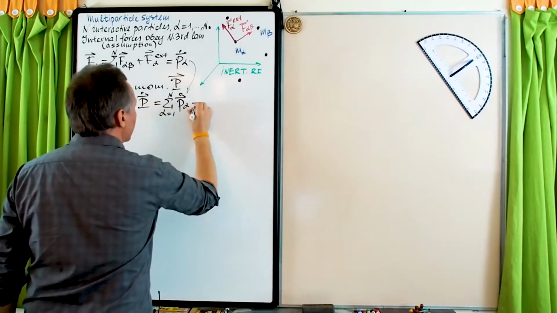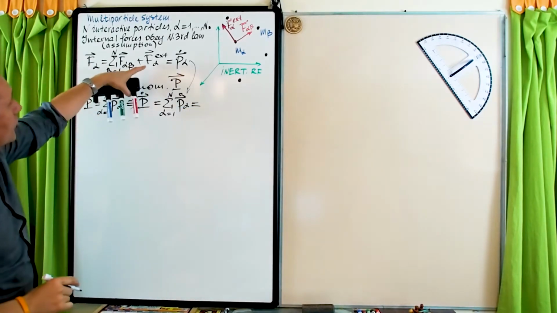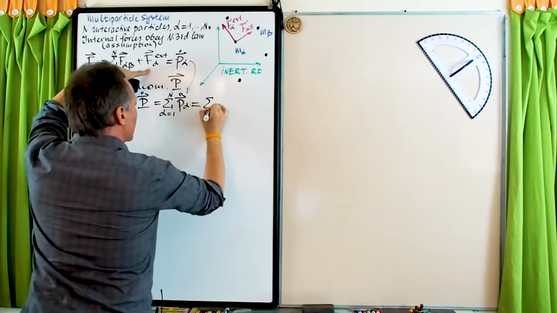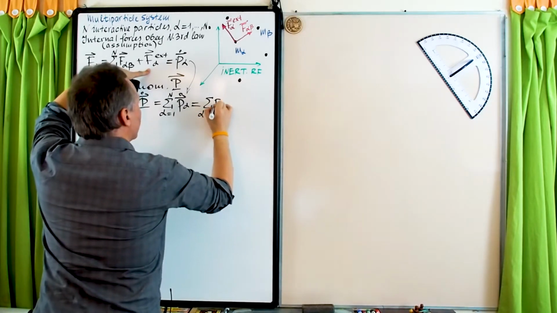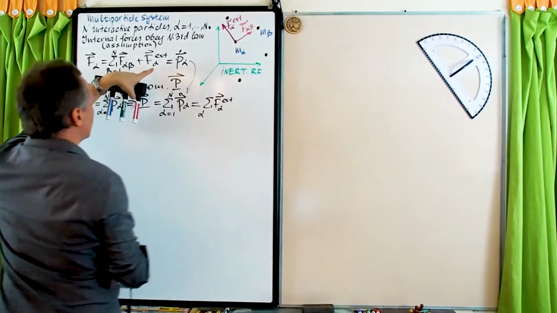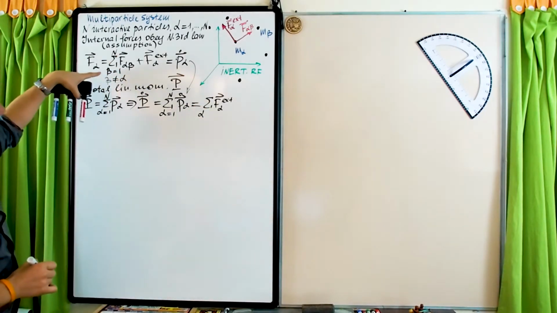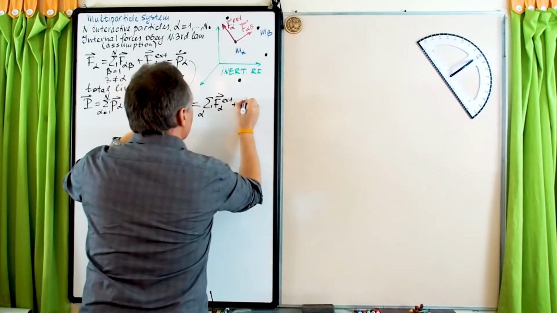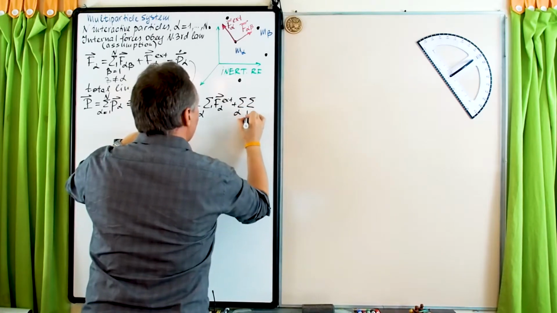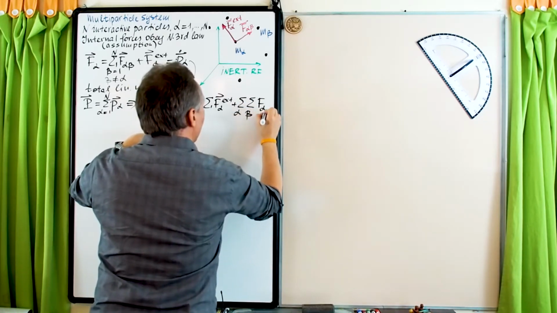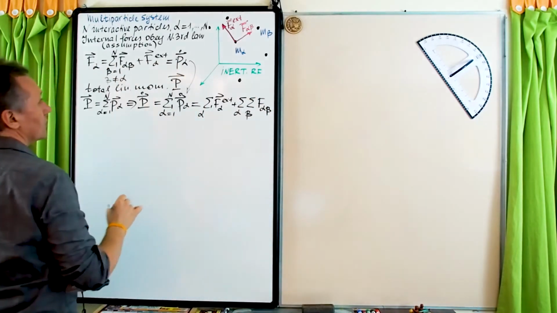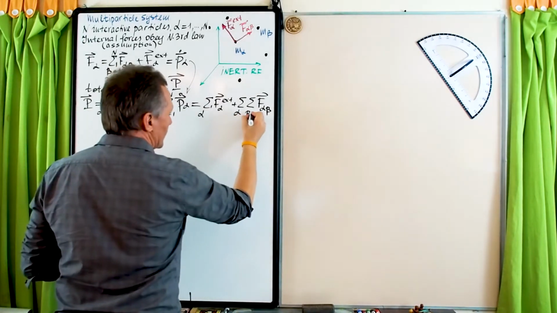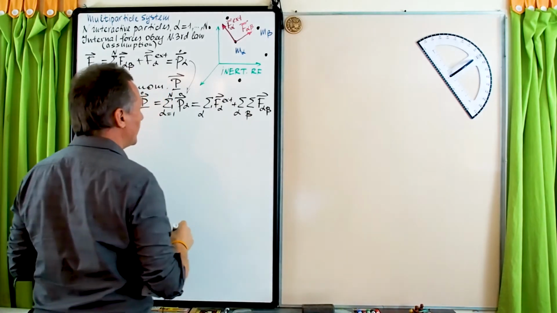Let me first write this term, the external forces: summation over alpha of F alpha external. And then we have a double sum: summation over alpha, summation over beta of F alpha beta. Here again the summation is from 1 to n, and here beta is not equal to alpha.